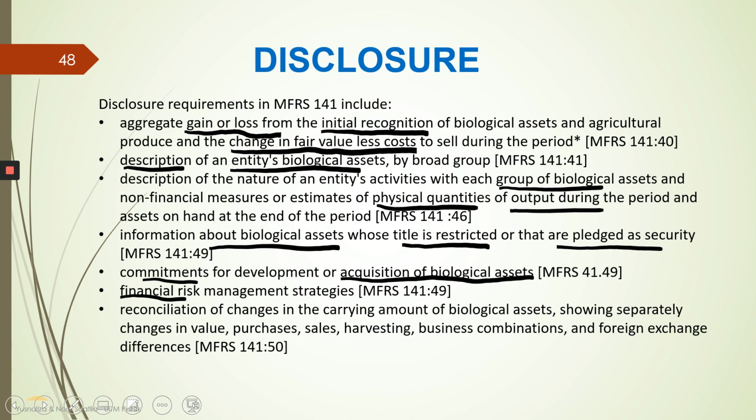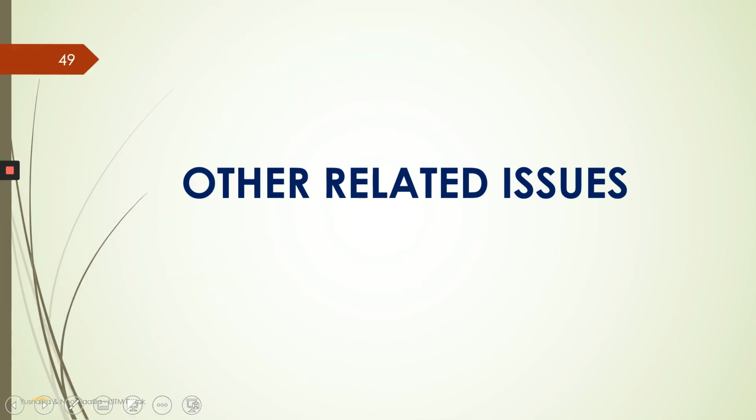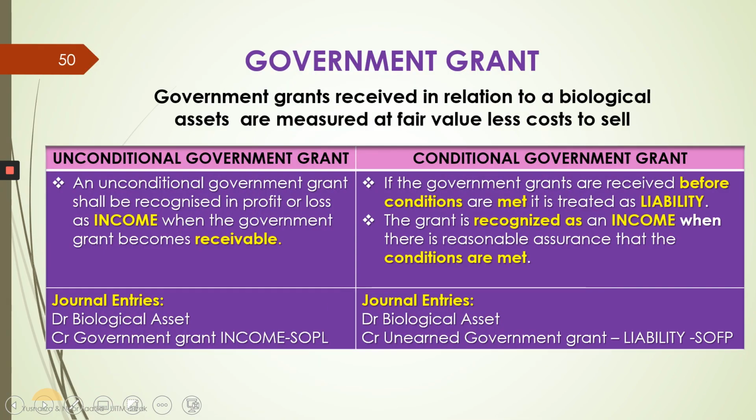Next, other related issues. So the government grant, sometimes biological assets are given or granted by the government. Some of them are with conditional rights, some are without any condition. So unconditional versus conditional government grant.